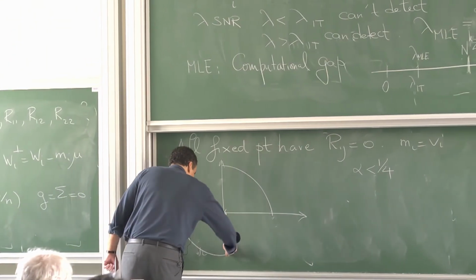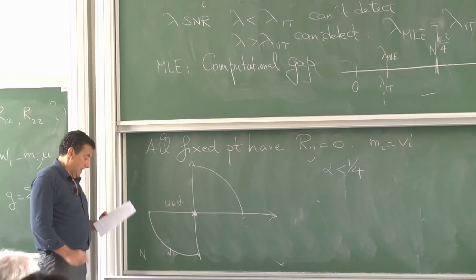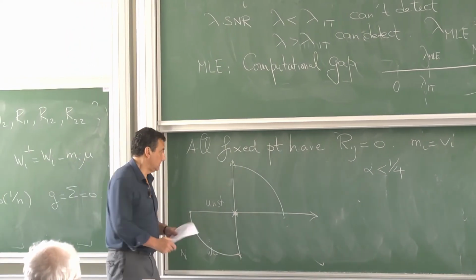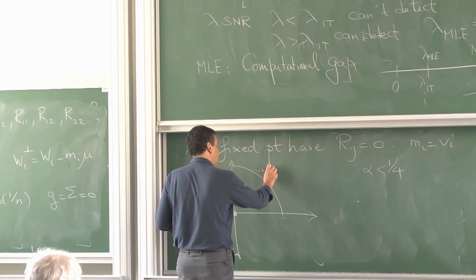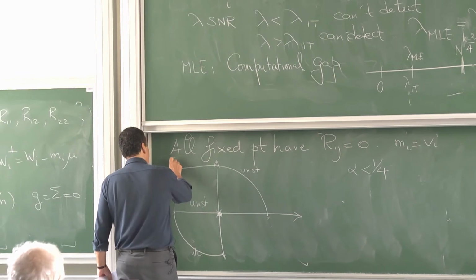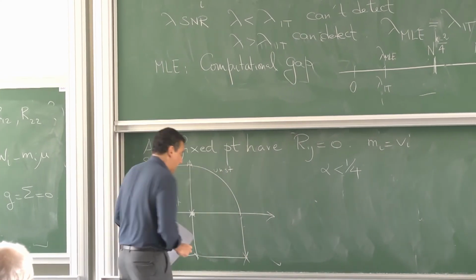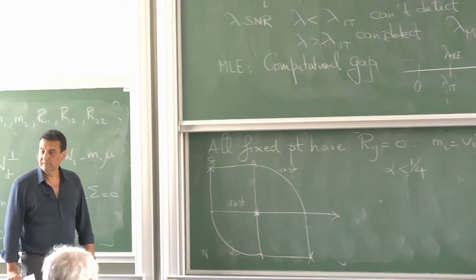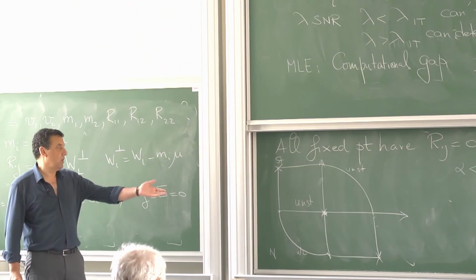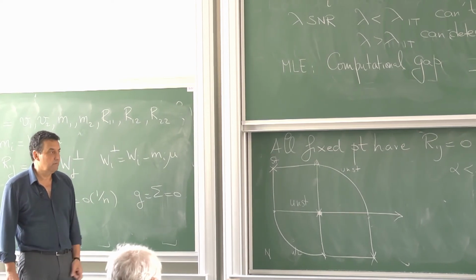Here too. These are unstable. And here you have a stable fixed point, and here too. Interesting. Okay, not too complicated, but already you scratch your head, at least we did.